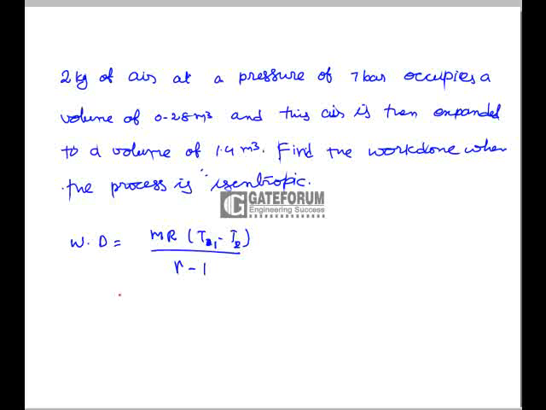Initially the mass of air is 2 kg, the initial pressure is 7 bar, and V1 is 0.28 meter cube, and then expanded to 1.4 meter cube, that is V2 is 1.4. We have to find out T1 and T2.